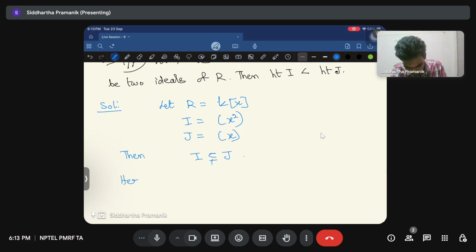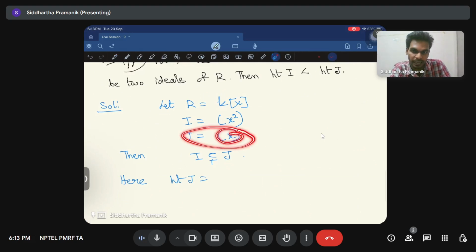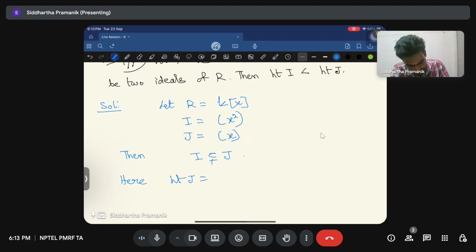So here height of J is the height of the ideal generated by x, and ideal generated by x is the maximal ideal here. So height of J is clearly 1 because height of J should be less equals to dimension of the ring, which is 1 here, and we have a chain 0 properly subset of x.